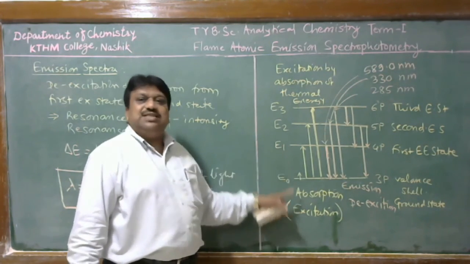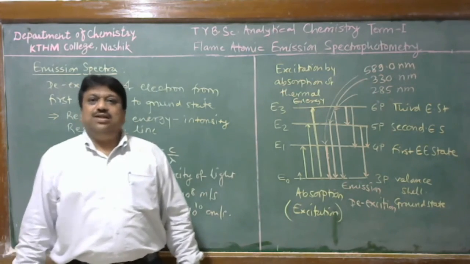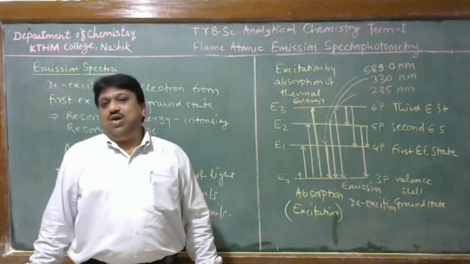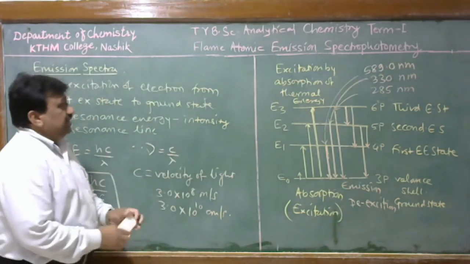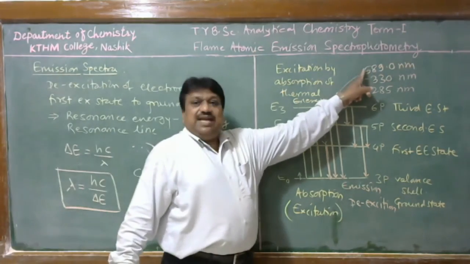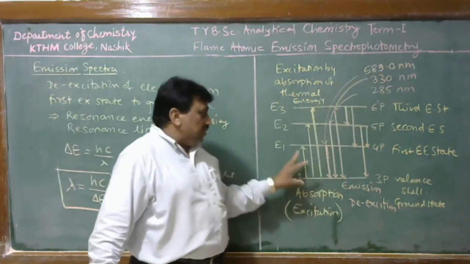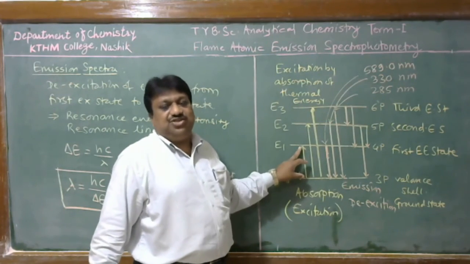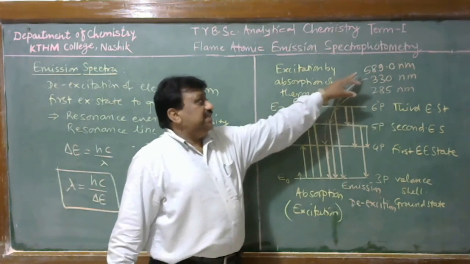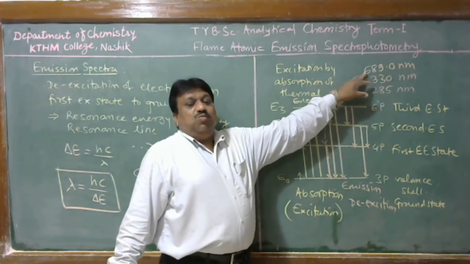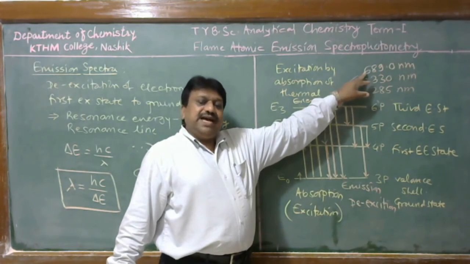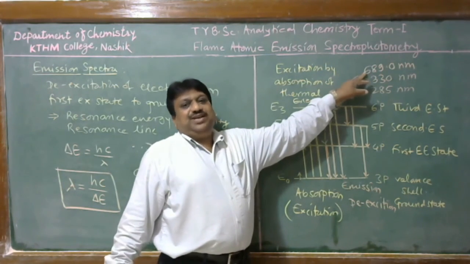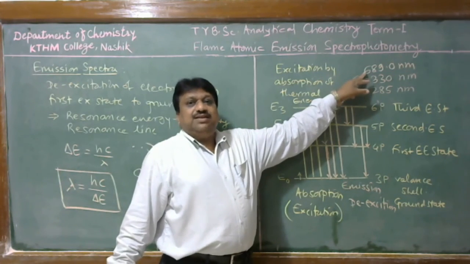This resonance line is generally selected for qualitative and quantitative analysis, because it has more intensity, as the probability of this electronic transition is more. Therefore, this more intense line can be easily isolated for identification and estimation of the sample.